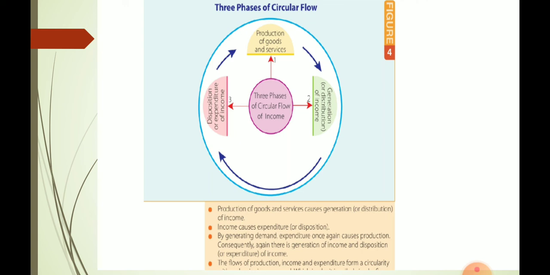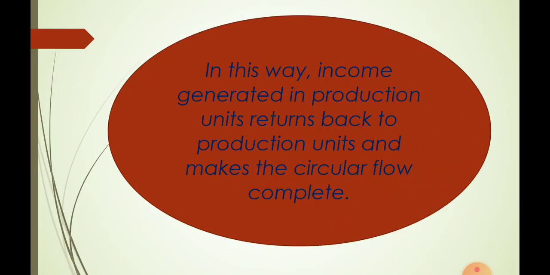And this factor income worth 100 crore is expended on the purchase of goods and services in the expenditure phase, and in this way this 100 crore reaches back to the producer sector. In this way, income generated in the production unit returns back to the production unit, which makes the circular flow complete.